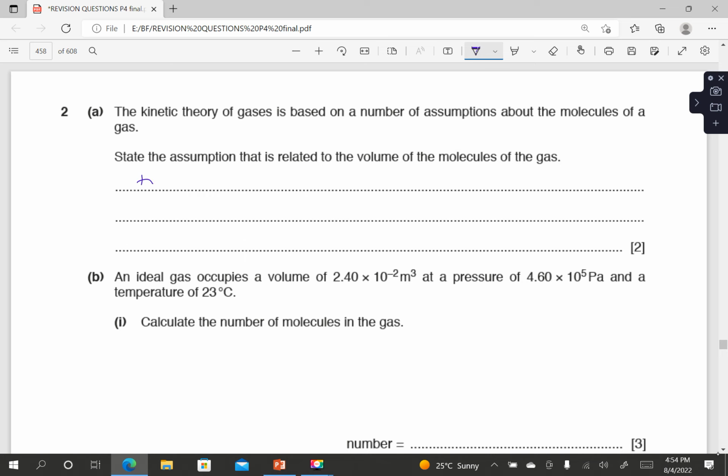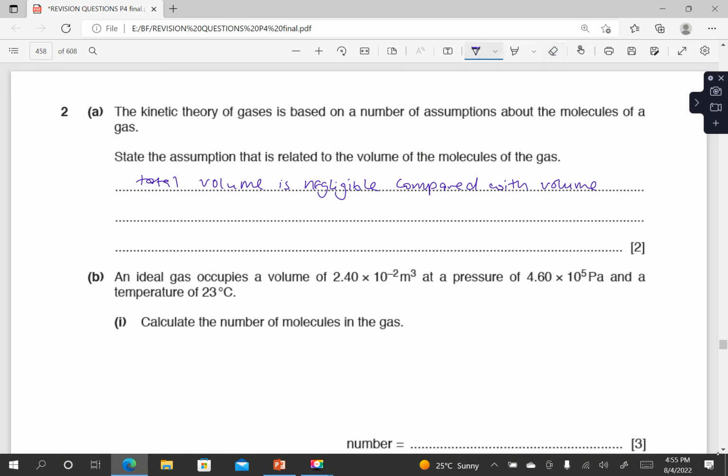So the total volume is negligible compared with the volume of the containing vessel, or let me just say the volume occupied by the gas.